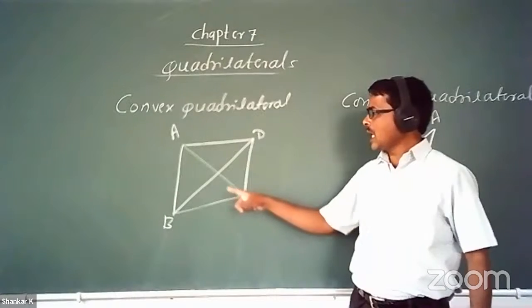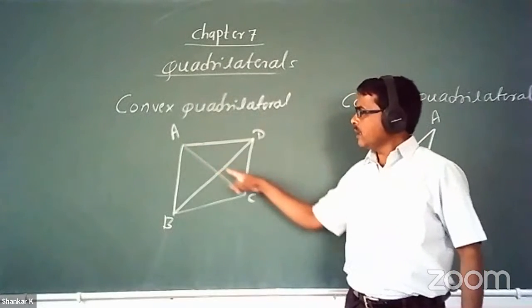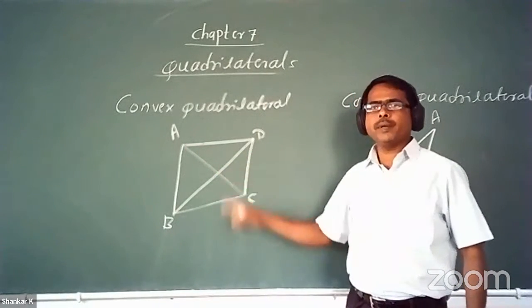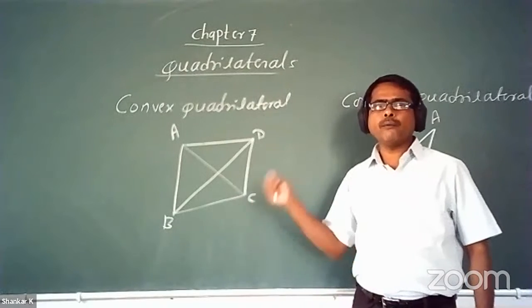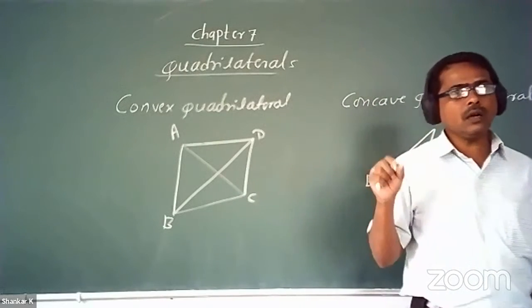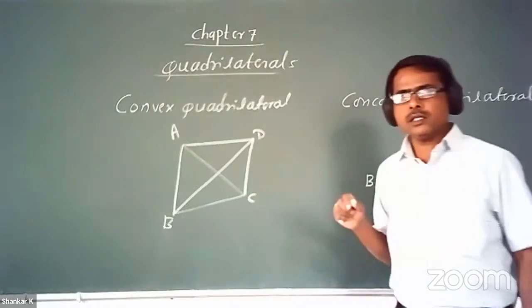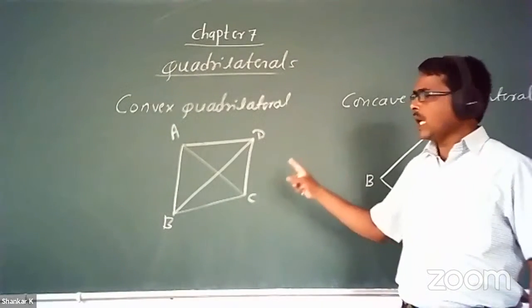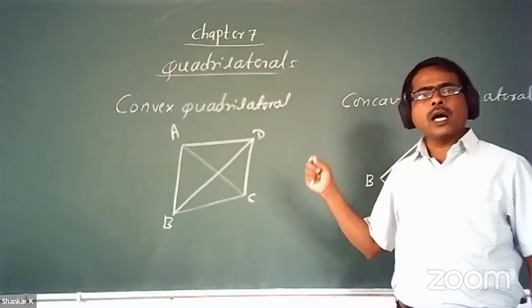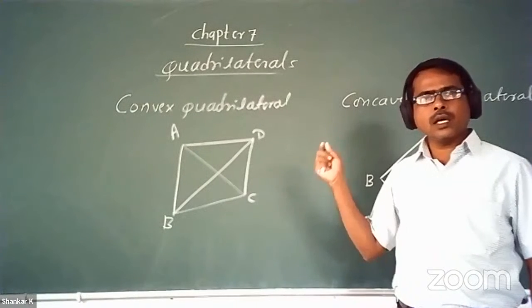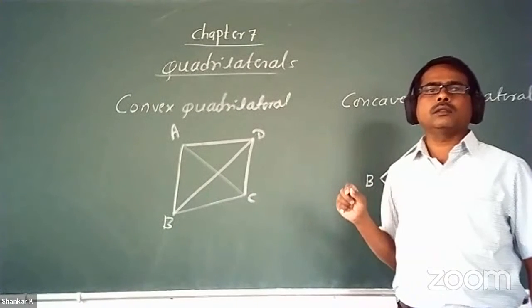Here, what I said: diagonals AC and BD lie within the quadrilateral, in the interior of the quadrilateral.